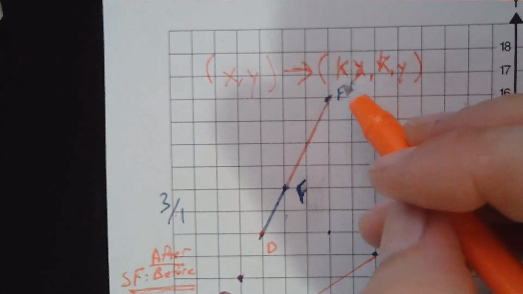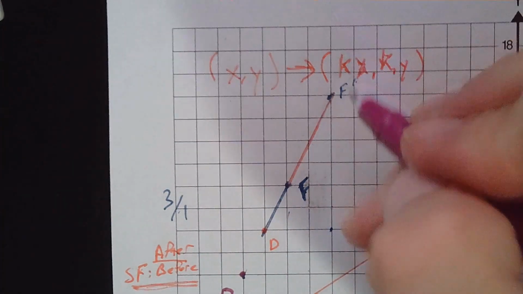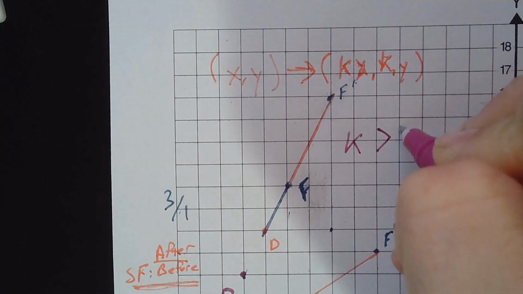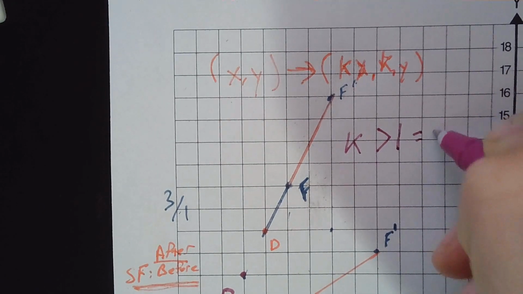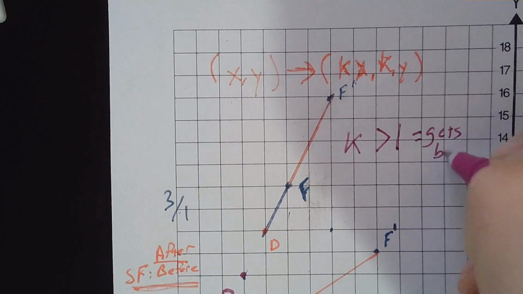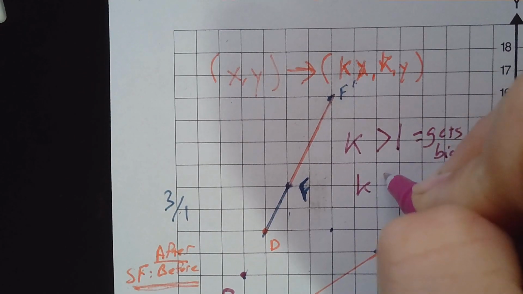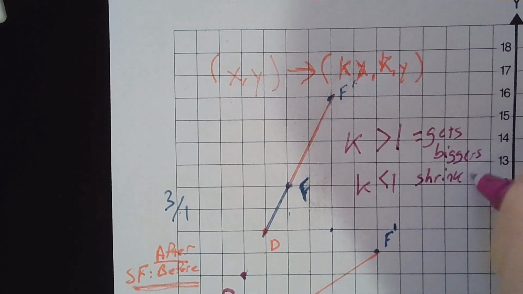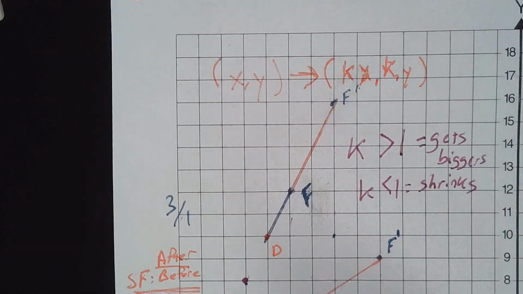And if you remember, if your k value or your scale factor is greater than 1, your object is getting bigger, or grows. If k is less than 1, it shrinks. It'll never be 0 or less than 0. Okay, so just remember that stuff.